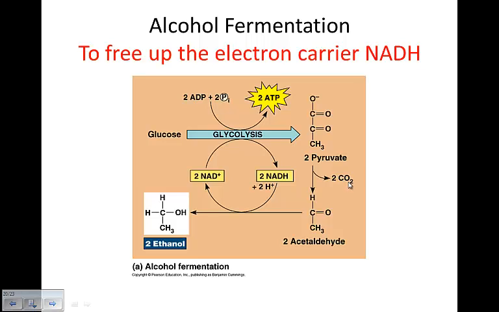And here's where the carbon dioxide is released. And so CO2 is released, and then we produce the ethanol. Beer, wine, bread, these are all types of alcoholic fermentation. They all undergo this process. So glucose, pyruvate, CO2 given off, and ultimately we end up with ethanol.